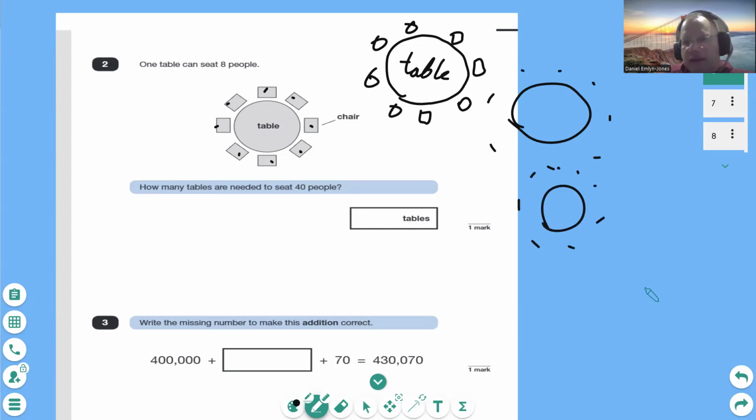So it's your 8 times table, isn't it? 8. Second table, 16. Third table is going to be 24. Fourth table, 32. Fifth table, 40. So the answer is you need 5 tables because 5 times 8 is 40.